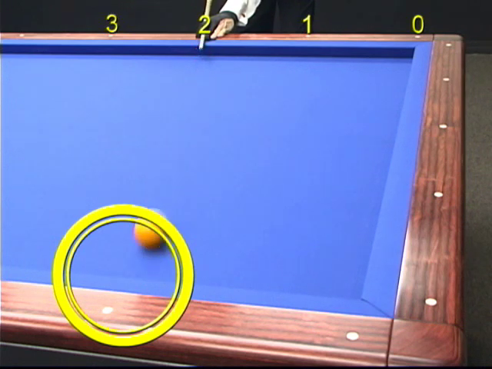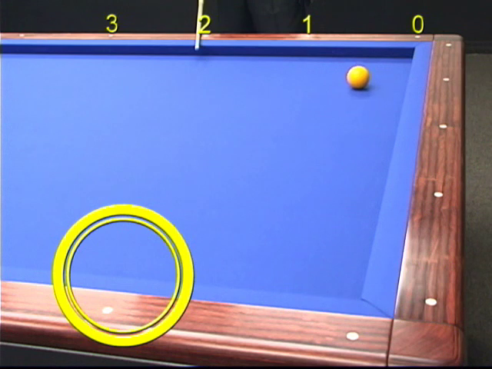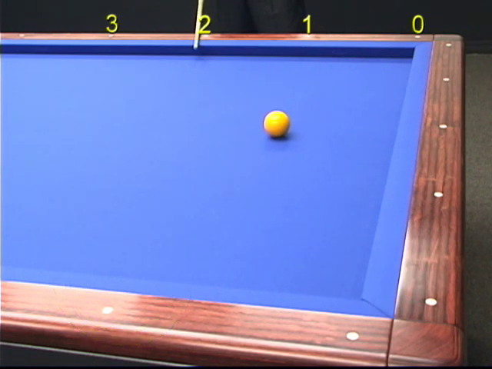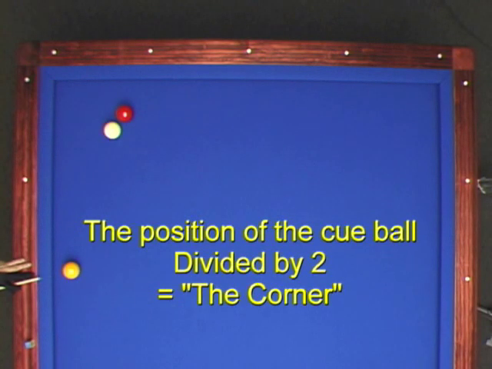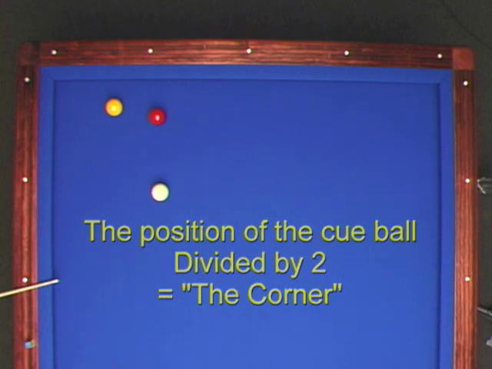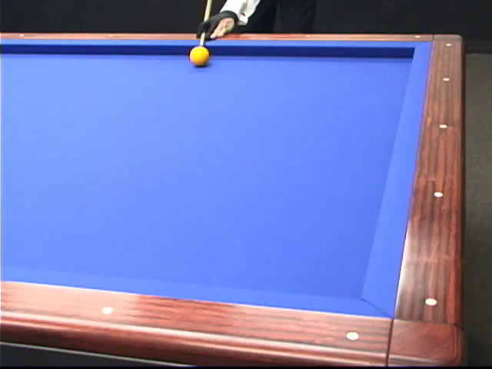According to the system, how do we find that specific point on the first rail that will take us consistently into the corner? The answer is very simple. Let's just divide the position of the cue ball by 2. The resulting number will be our magic point.